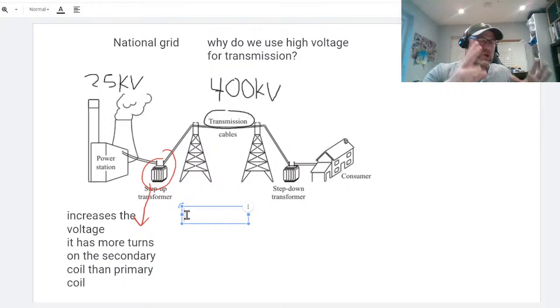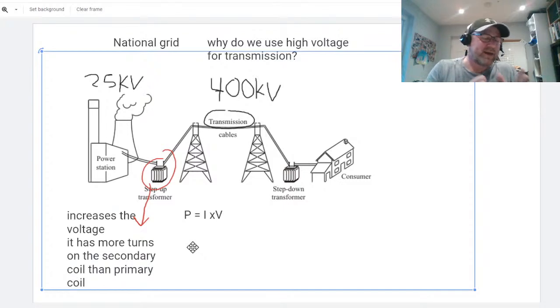Well, so what you really want to say is, if you look at this equation, and this is on your equation sheet, P equals I times V, right? Power, I stands for current, by the way. Power equals current times potential difference or voltage. Absolutely, less wasted energy, less energy loss. Really good. Reduces thermal energy loss is good. You'll probably get most of the marks just saying, so we can have a low current, less energy losses.